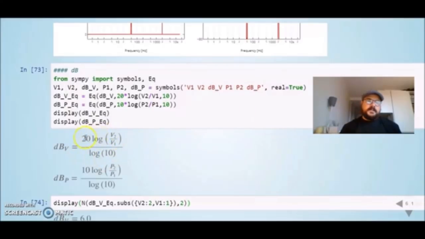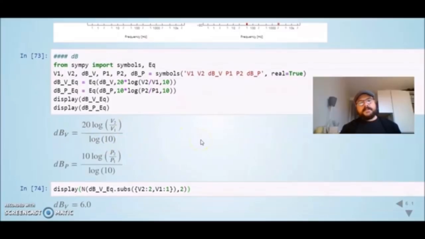So it gets 20 log of V2 over V1 divided by log 10. This is what SymPy already simplifies: the logarithms in base 10 into a division of natural logarithms.